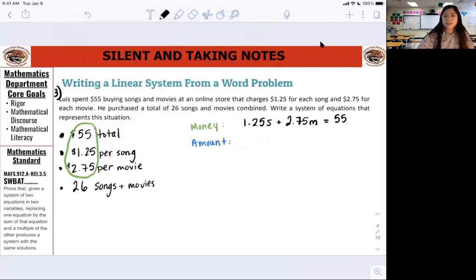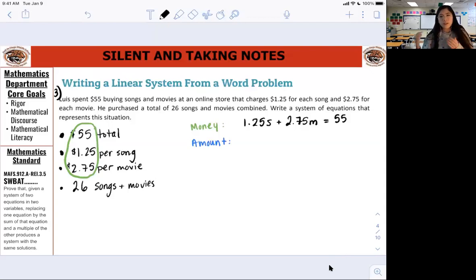And so the 26 is what? What does that represent? Could you repeat the question? My question again is, what does the 26 represent? How many movies and songs you bought. Good. How many, right?